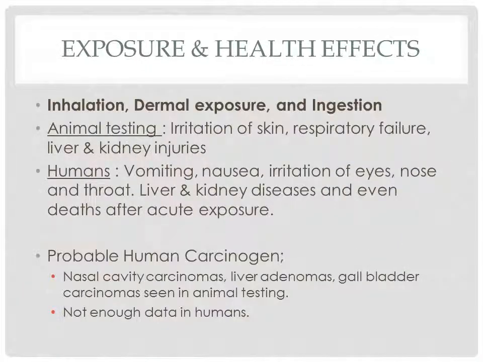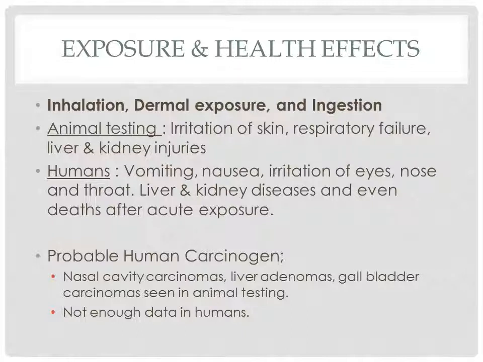So how are we exposed to 1,4-dioxane? As we've seen in the previous slide, we use shampoo, food packaging, and a lot of skin products on a daily basis. So the easiest way to be exposed is through dermal exposure. However, if it is present in the air, we can also be exposed by inhalation and ingestion. Many studies have been conducted on animals to see its adverse health effects, and a lot of animals have shown symptoms like irritation of skin, respiratory failure, and liver and kidney injuries.